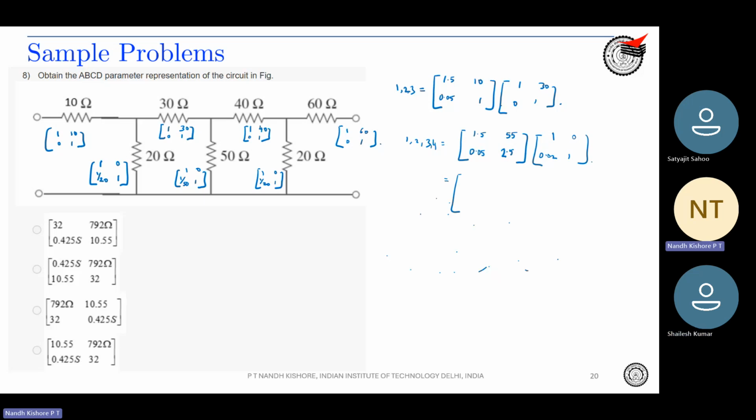Okay, I need a calculator definitely. 1.5 plus 55 into 0.02, you get 2.6. And then 55, and 2.5.